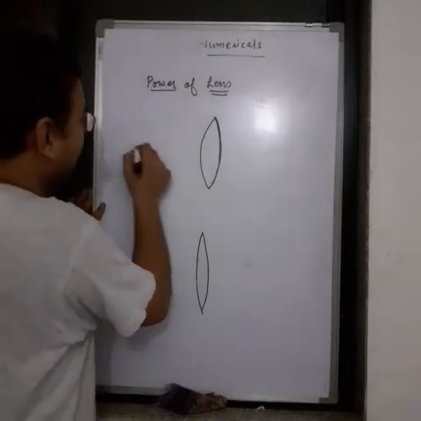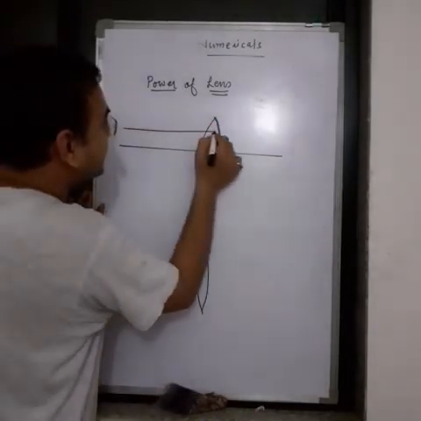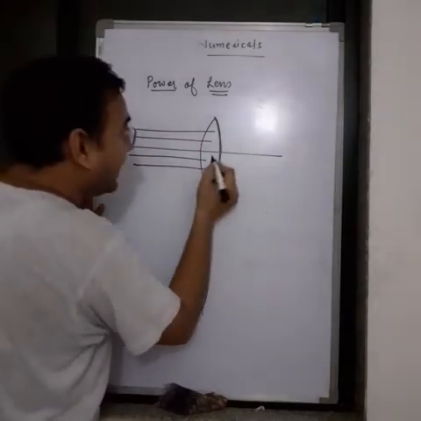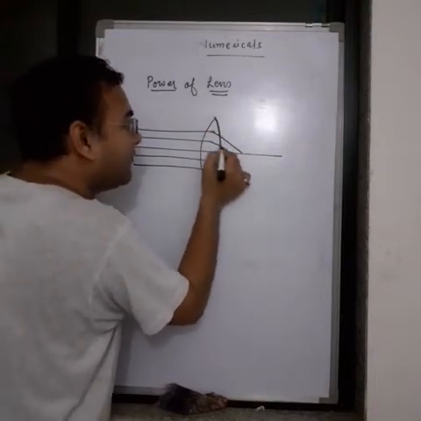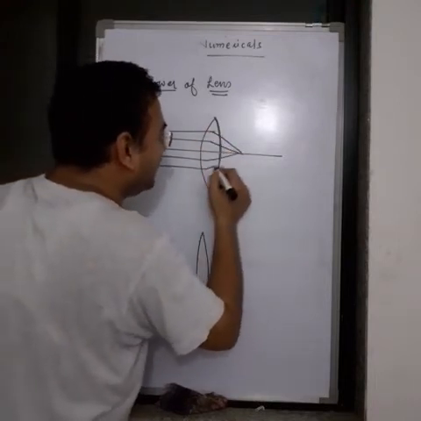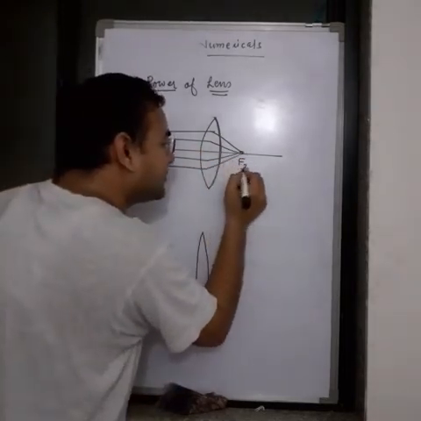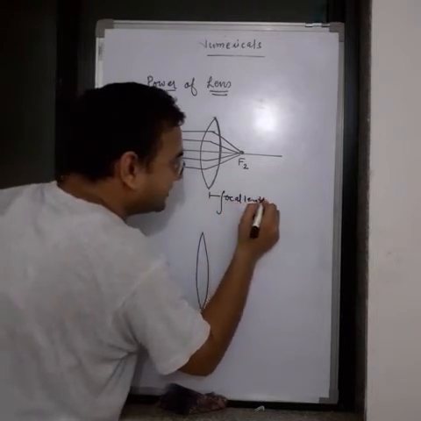Here, when light rays are incident, due to the higher thickness, the light will bend very near, like this. And this point is known as F2. So this is our focal length.